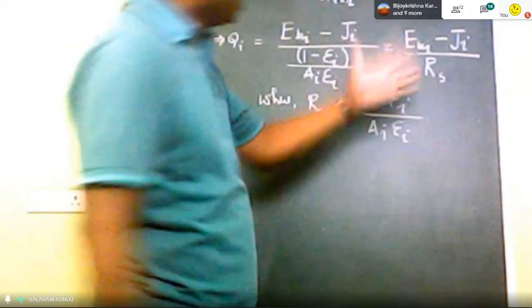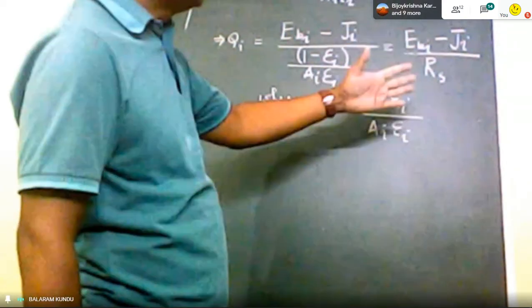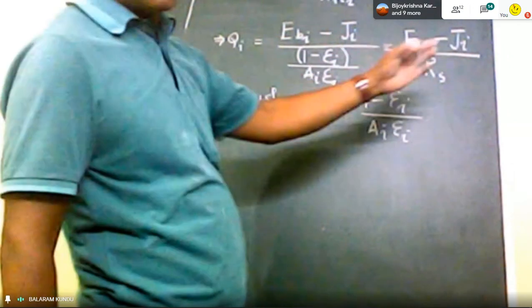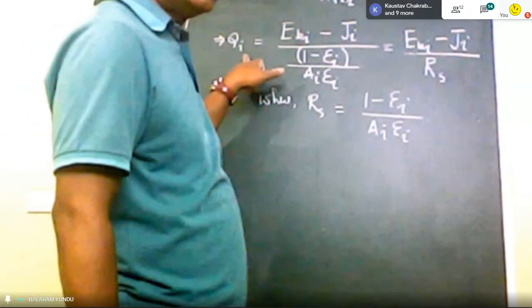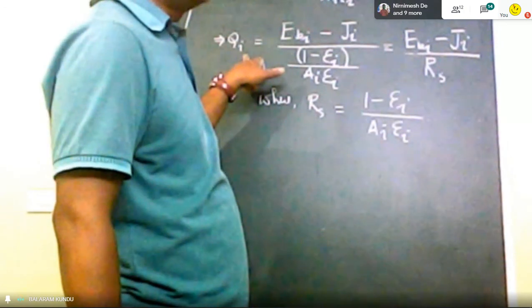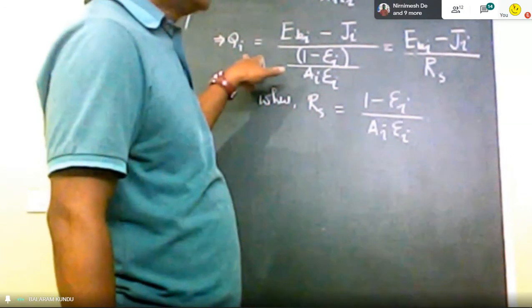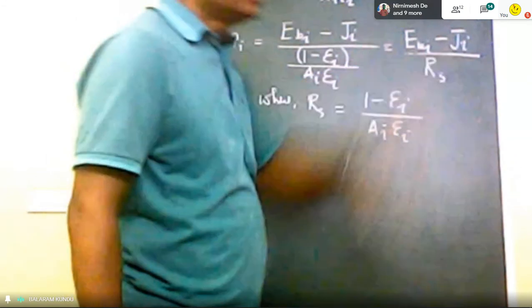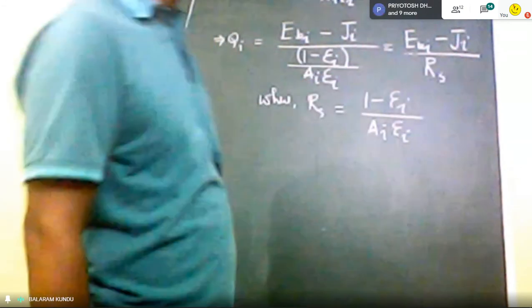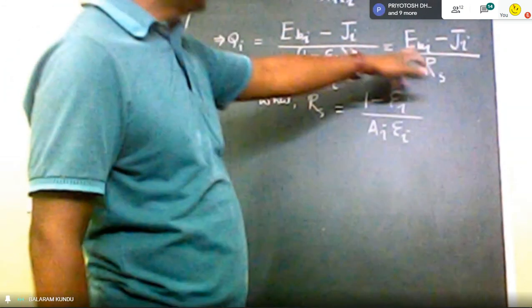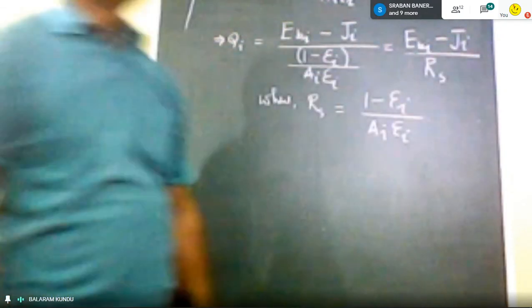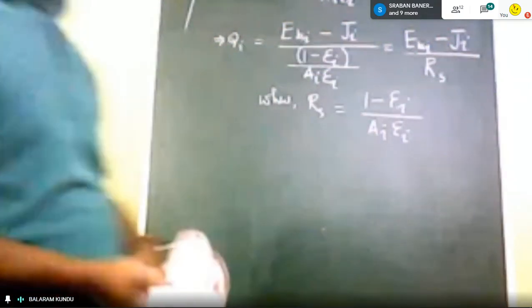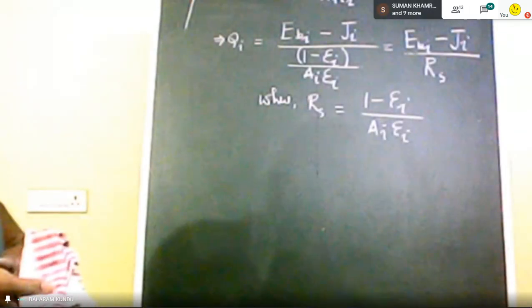Due to the unknown value of radiosity, it may not be possible to determine the heat transfer rate due to radiation from a surface. The mathematical expression is EBI minus Ji divided by RS, the net radiation heat transfer leaving a surface I.